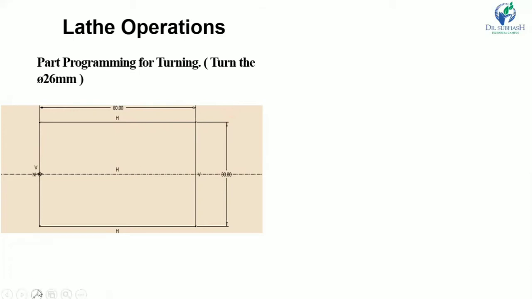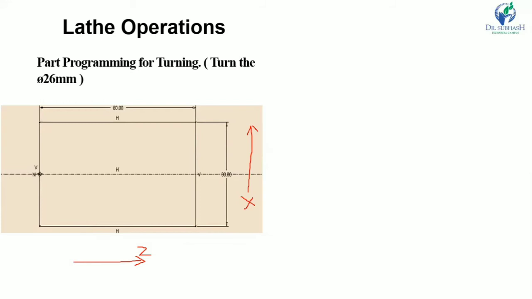So in this case this is the Z-axis in this direction, and this axis is the X-axis. So only two axes are there, Z and X.